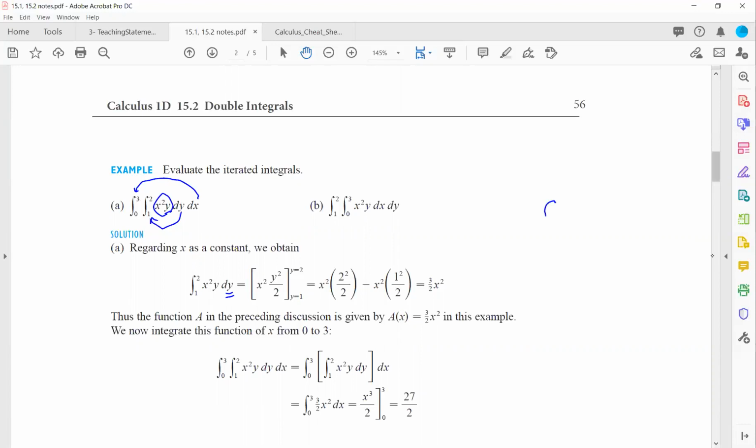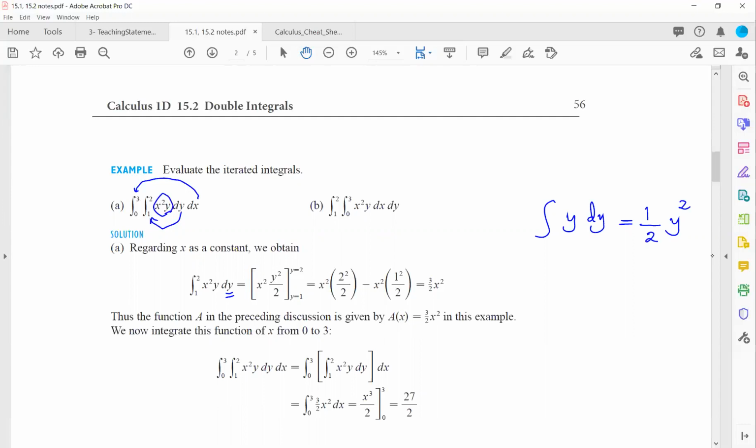So the integral of y dy is a half y squared. Since it has x squared next to it, you copy down x squared as well. Your y ranges between 1 to 2. So first, we plug in 2 for y.